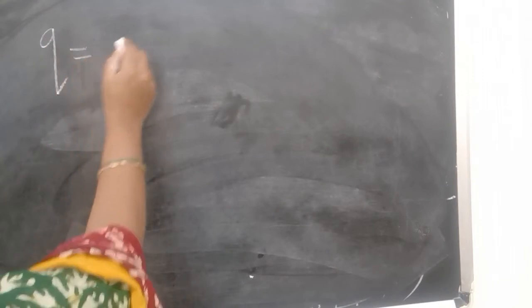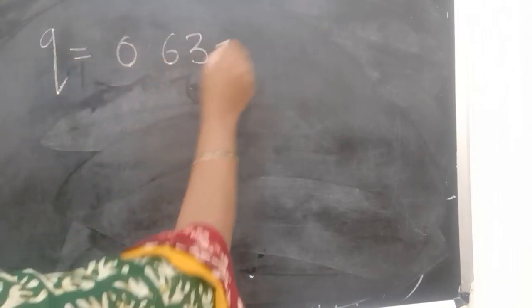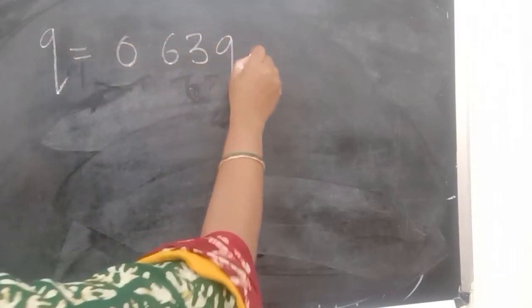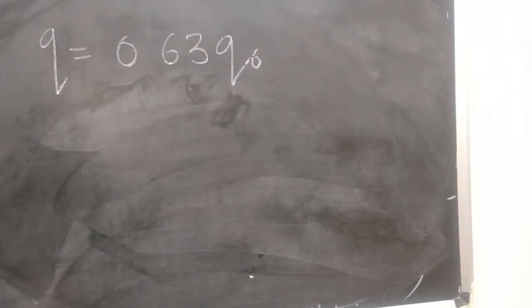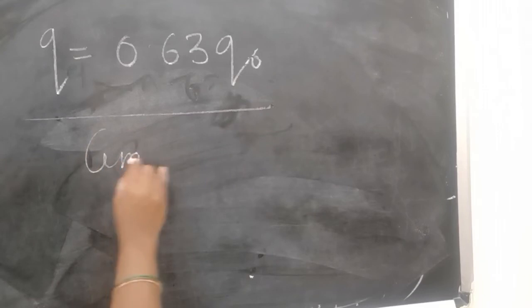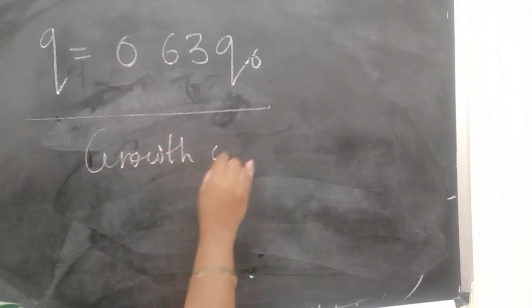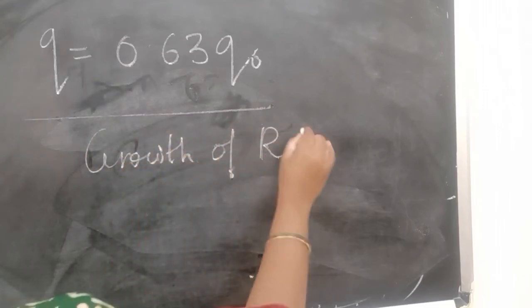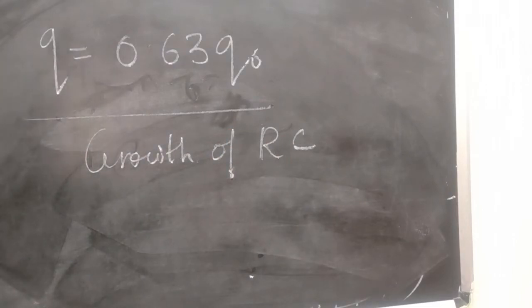That is given by Q is equal to 0.63 into Q naught. This is the formula which we use for growth in an RC circuit. Okay.